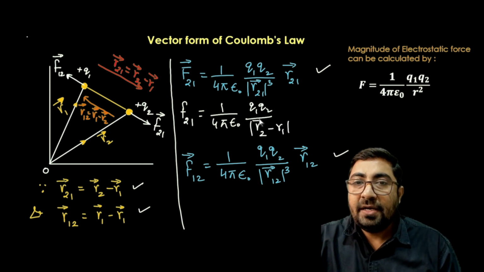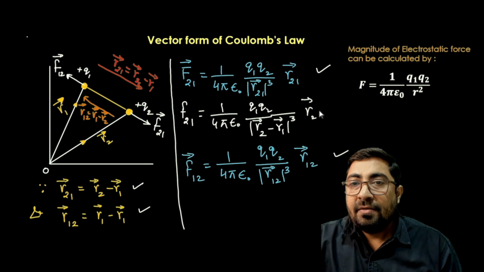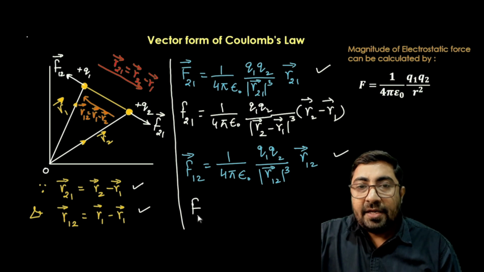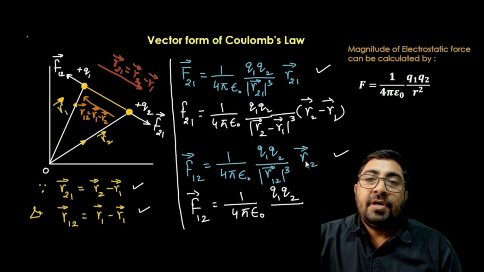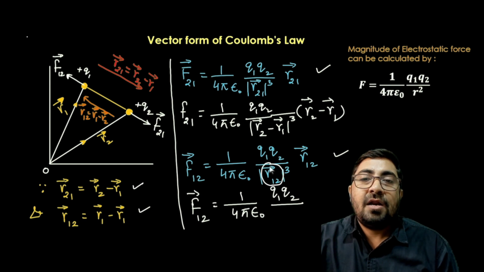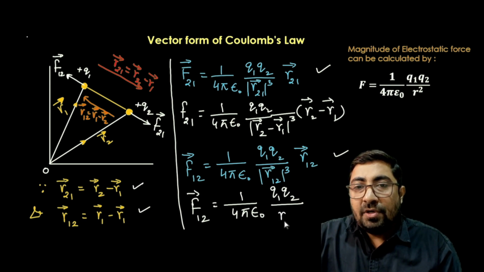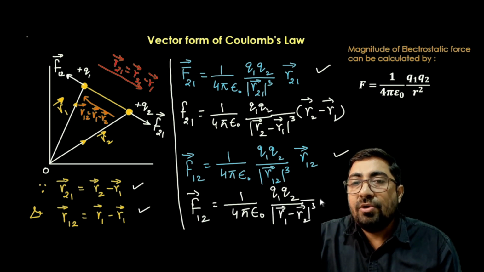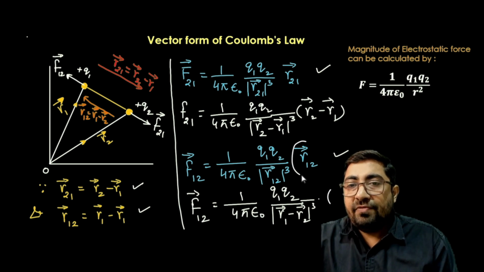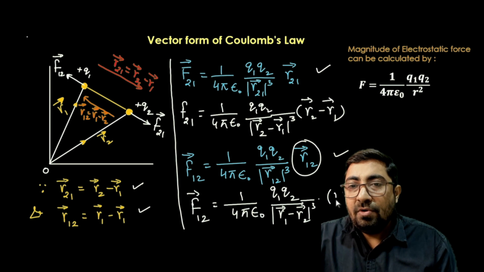Similarly, F12 is equal to 1 upon 4 pi epsilon naught q1 q2 upon the magnitude of r1 vector minus r2 vector whole cube, times the value of vector r12, which is r1 vector minus r2 vector.